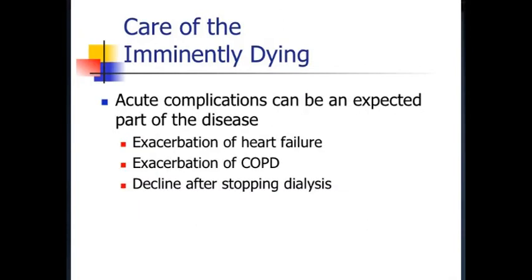So these acute complications can be an expected part of the disease, and some of them are very challenging. For example, a patient who has an acute exacerbation of CHF or COPD is essentially always considered to be at death's door, but more likely than not, they survive. That's one of the reasons that our ability as clinicians to prognosticate in those two populations is close to zero.